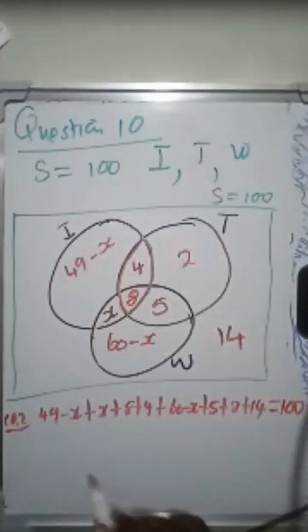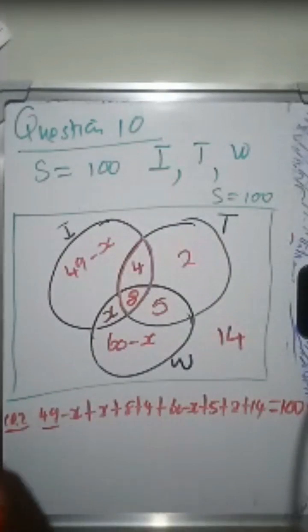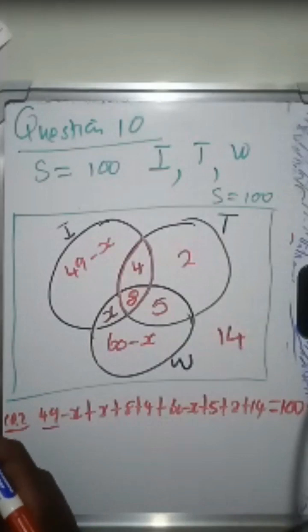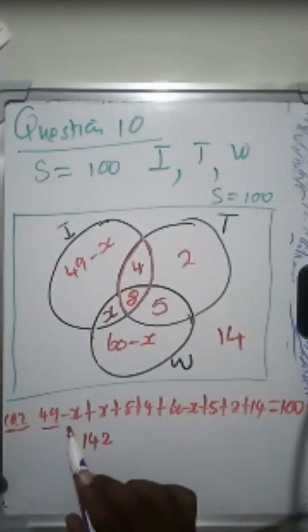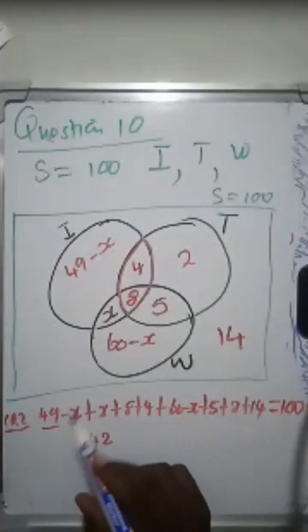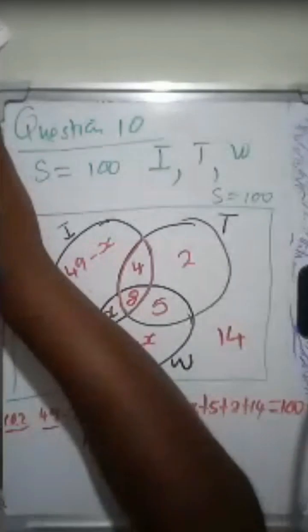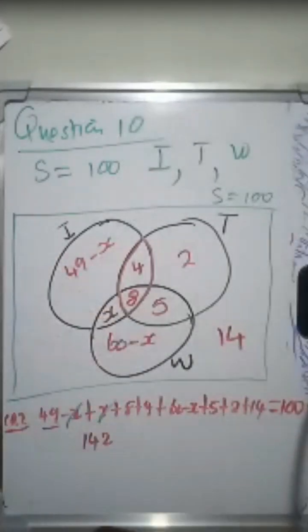Okay, so let's calculate 49 plus 8 plus 4 plus 60 plus 5 plus 2 plus 14. We get 142. Negative x plus x is gone. So we are left with what? They cancel because it's negative x plus x. They are gone. So we are left with 142.